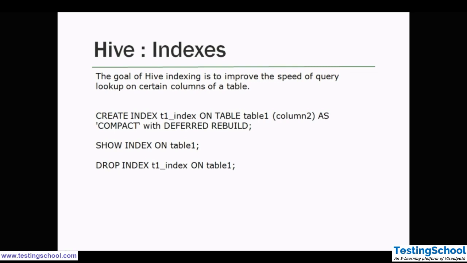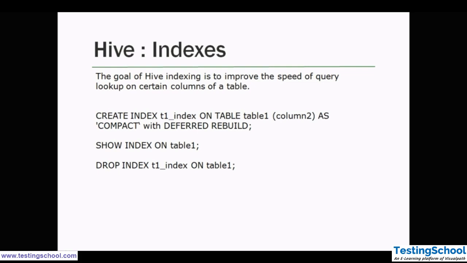How can you create the indexes? You can create the indexes in a similar manner to how you create them traditionally in SQL. It is as simple as: create index, then the index name, let's say t1_index, then on which table. So it is on table 1, and on which column you want to create your index, let's say column 2.